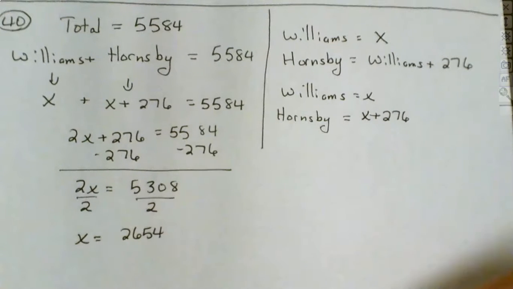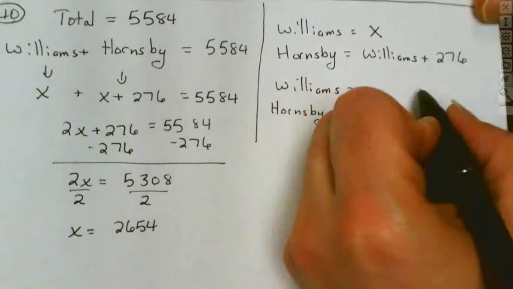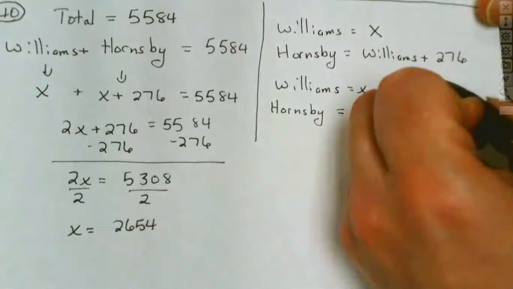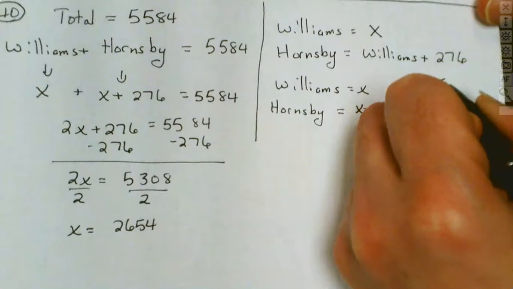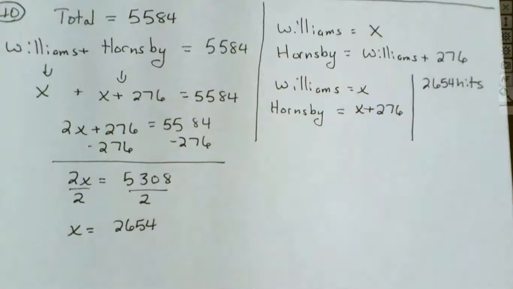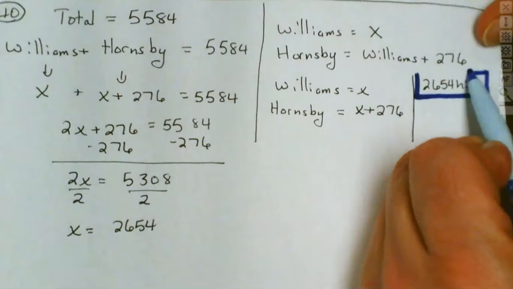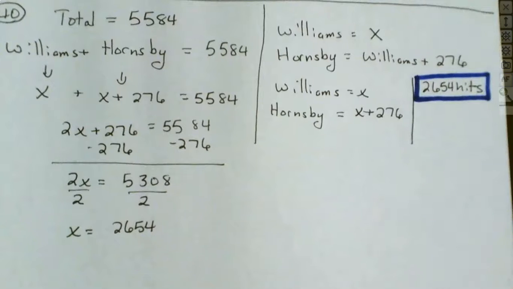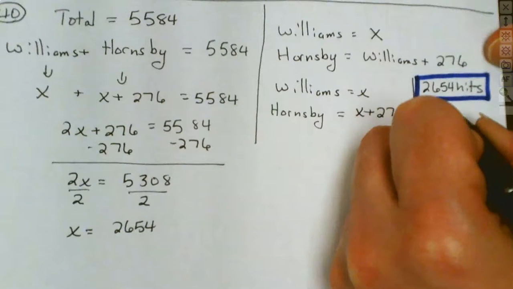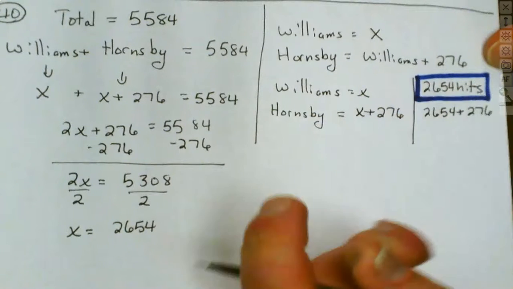Now we want both players, so we need to go back and find both players. So Ted Williams got 2654 hits, so we'll go ahead and label that because he's x. That's going to go right over here. And what about Roger Hornsby? Well, Roger Hornsby is going to be 2654 plus 276.